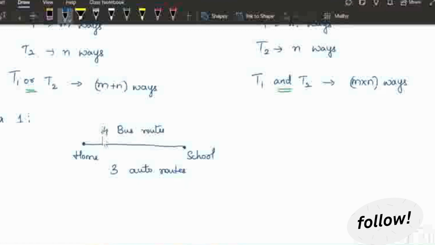So here there are 2 different possibilities. He has to go from home to school, but he can either choose bus or choose auto. He will reach the school by bus or auto, isn't it?